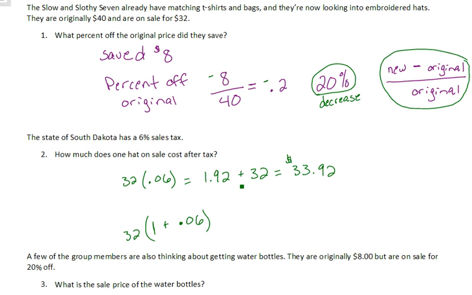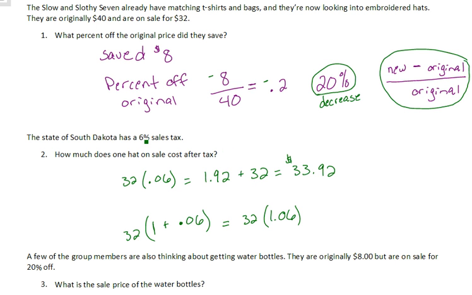And that's what I did right here. Notice 32 times the 6/100ths is the $1.92, and then there's my 32 right there. But again, look at this. This 1 and the 6/100ths, they're constant terms, so they're like terms. Can I add those two together? So instead of having 1 plus 6/100ths, I'm actually going to rewrite that as 1 and 6/100ths. And I'm going to multiply that by 32 instead. So eliminating that problem right there.